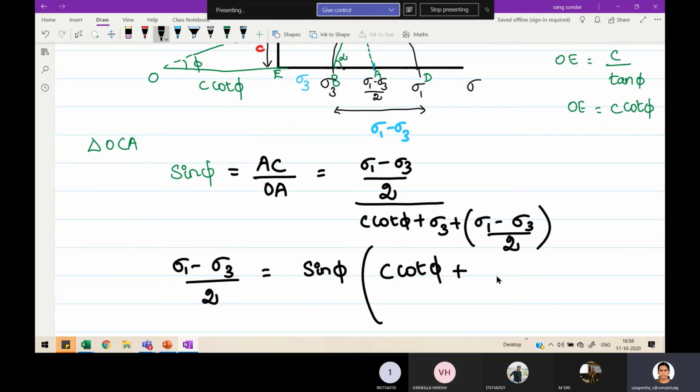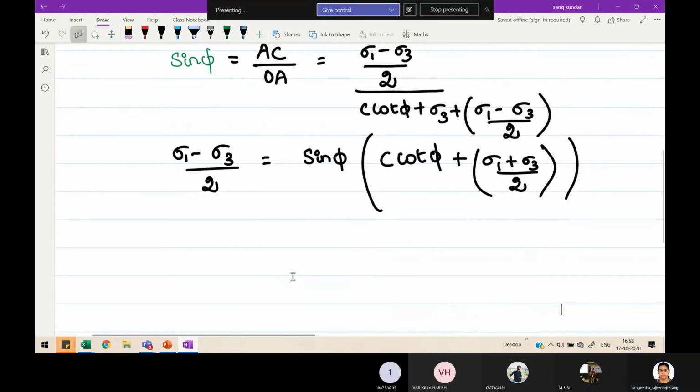So what does it mean? This is 1, this is minus half. So what will you get? Sigma 1 plus sigma 3 by 2. Am I right? This is sigma 3 and this is minus sigma 3 by 2, so 1 minus half is half, so sigma 3 by 2. So sigma 1 plus sigma 3 divided by 2 I got.